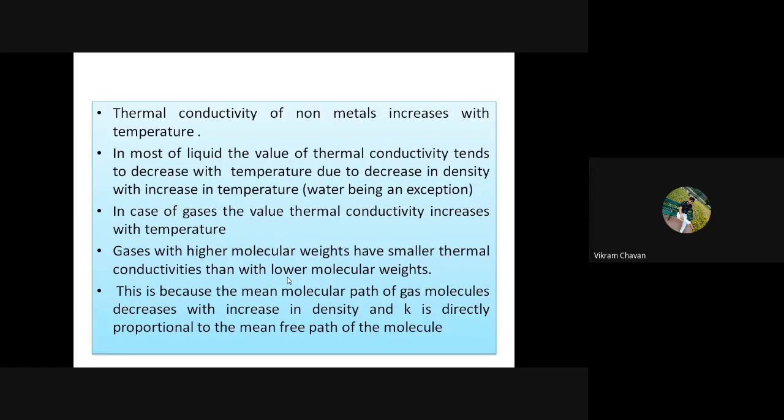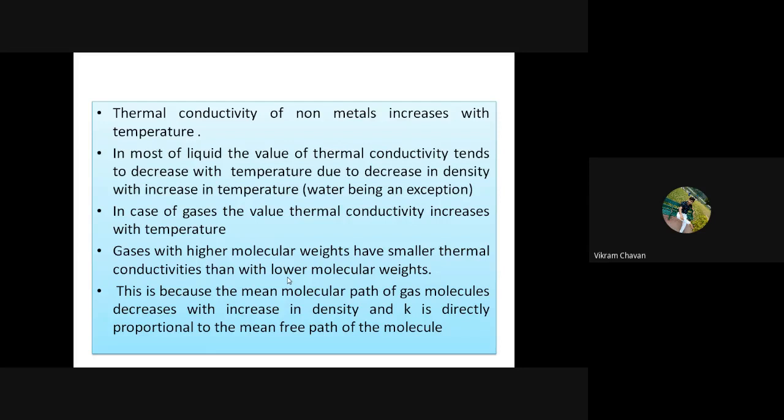If you take the example of gases, or we can say air, in case of gases the molecules are very much away from each other, and because of that, the thermal conductivity of gases is very less as compared to liquid, whereas in liquid the molecules are closer.